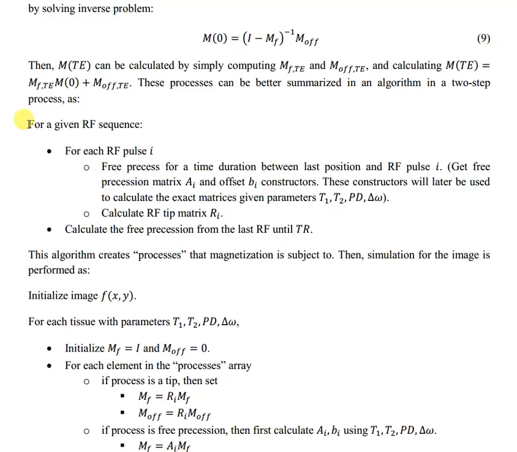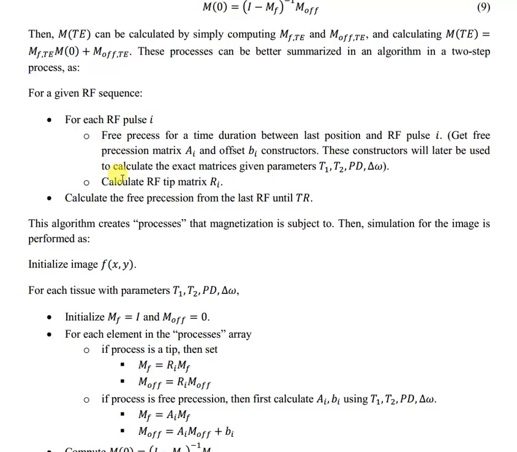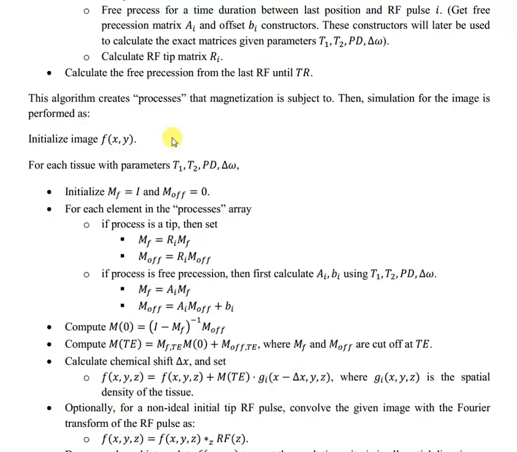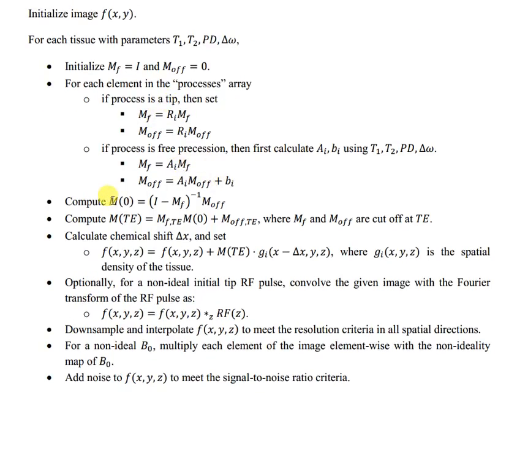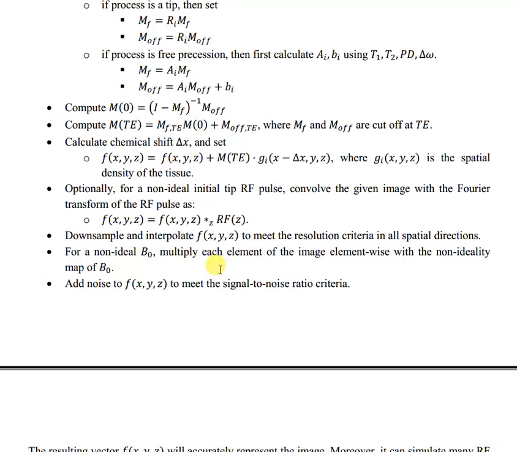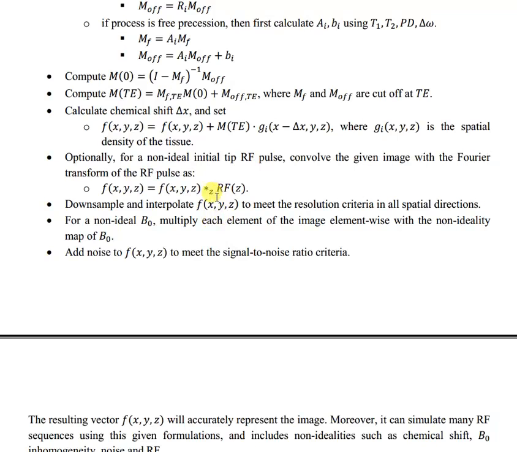For this purpose, I have simulated through each RF pulse. I've pre-processed it and then calculated the RF tip matrix. I have done this for each tissue, and by calculating these, I've calculated the M0 and then calculated MTE at echo time, and then calculated the chemical shift and added it. There's also an effect caused by the non-ideal RF pulse, so it's a finite duration RF pulse, which corresponds to a convolution.